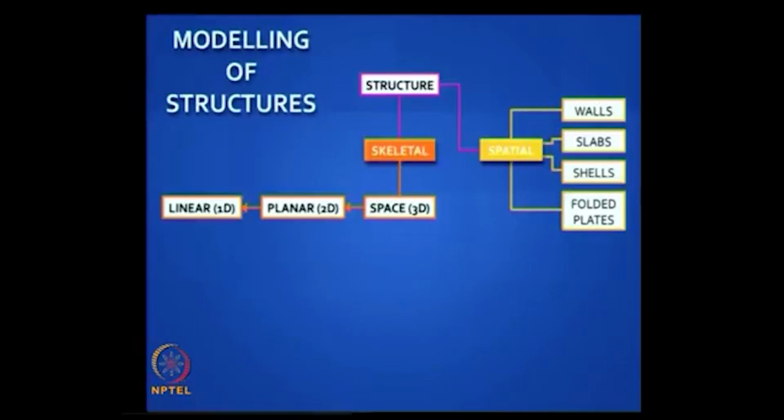So the most general skeletal structure is a 3-dimensional space frame. I showed you a picture in the earlier slide, and a special case of that structure is a planar structure. How is a planar structure defined?